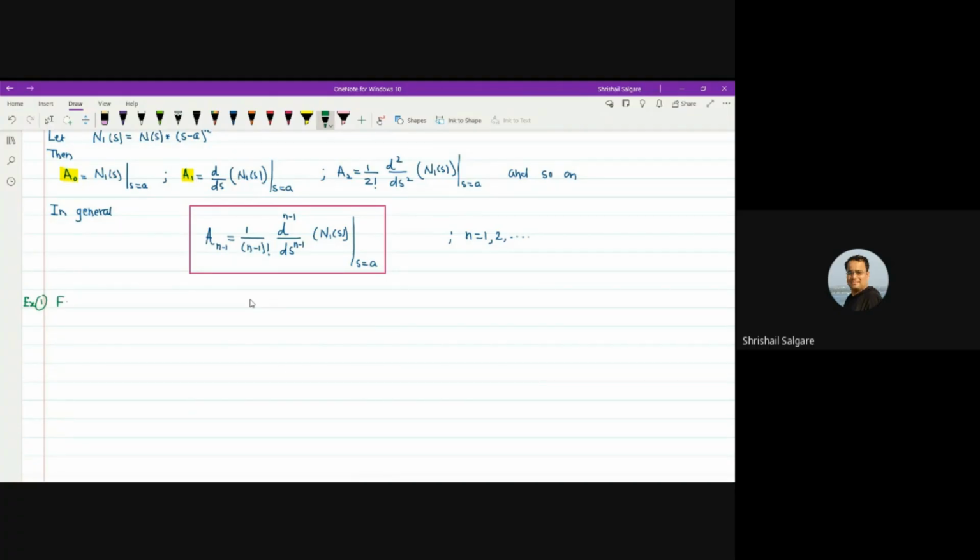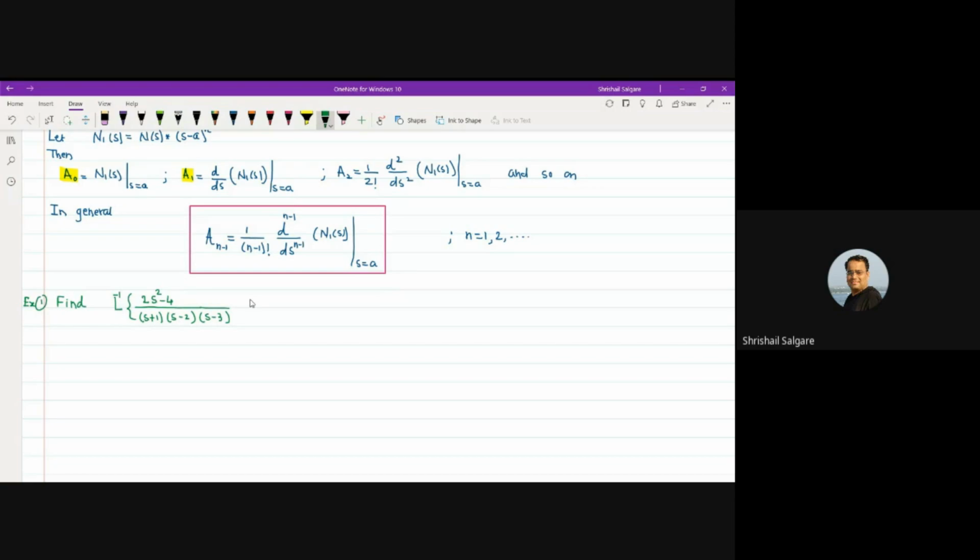Find the inverse Laplace transform of (2s square minus 4) divided by (2s plus 1)(s minus 2)(s minus 3).